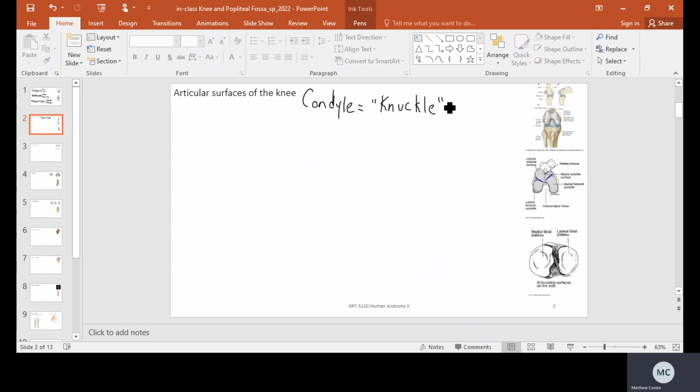That's how, right? Because when we have one object that's a different size than another object, and we move those objects in one direction, one's going to stop before the other. If I have one object that stops before the other, it's going to create a rotation. And we're going to see that rotation in the knee. That rotation is going to be called the screw home or locking or unlocking mechanism of the knee.